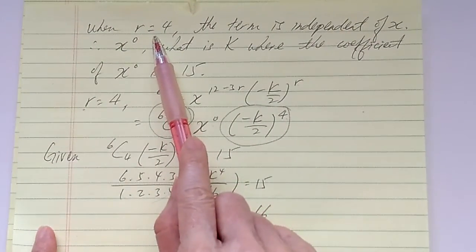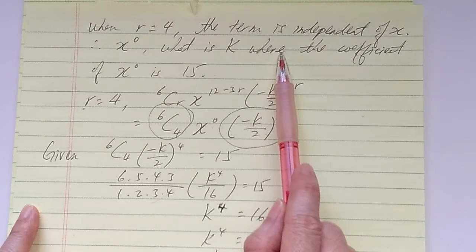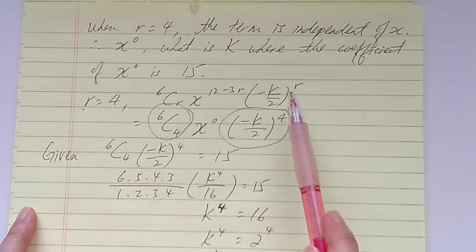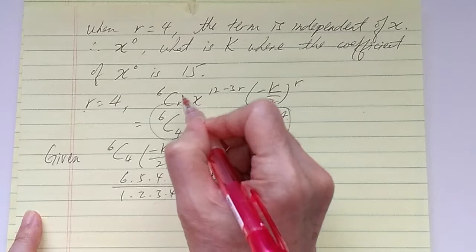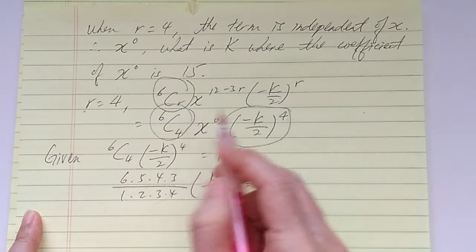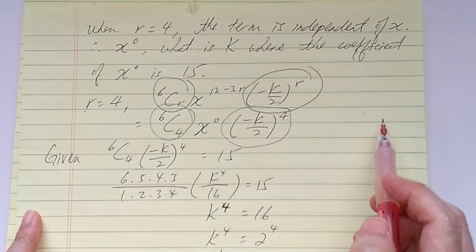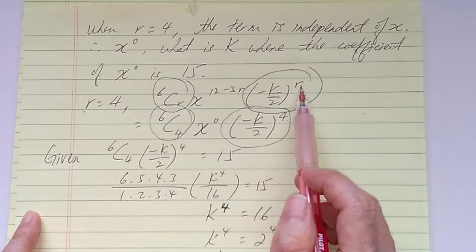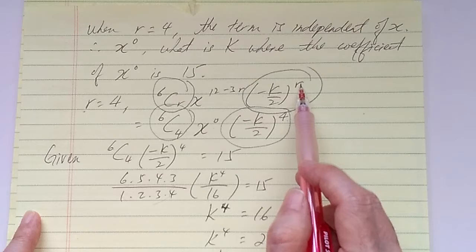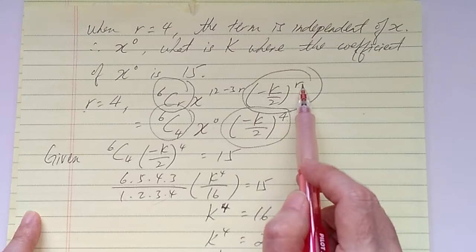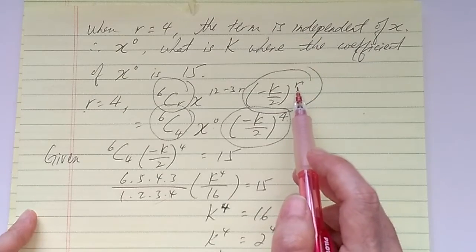So when r equals 4, the term is independent of x, and the coefficient is 15. The coefficient is referring to this 6Cr and this part, minus k over 2 to the power r. We have found that r is 4, because when r is 4, we will get independent of x.